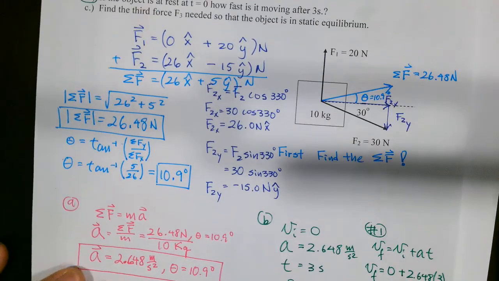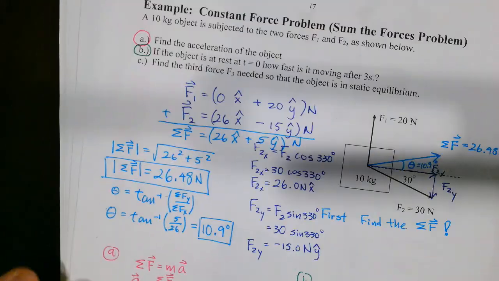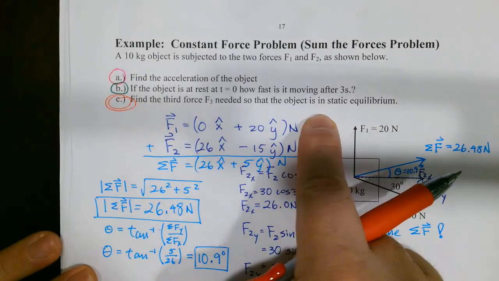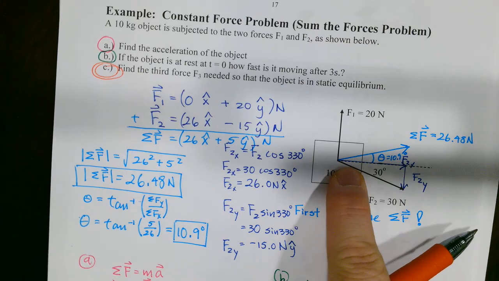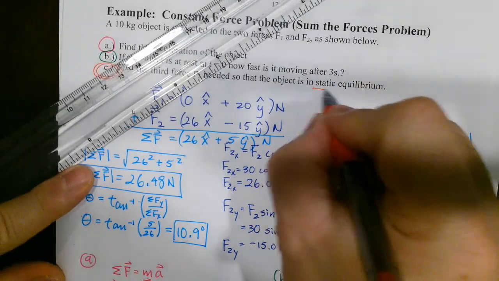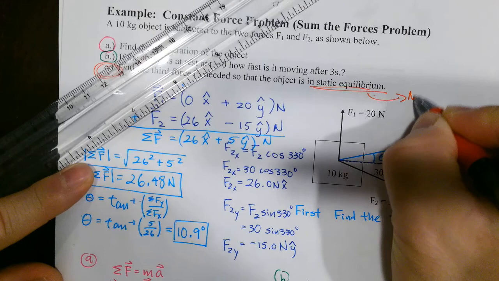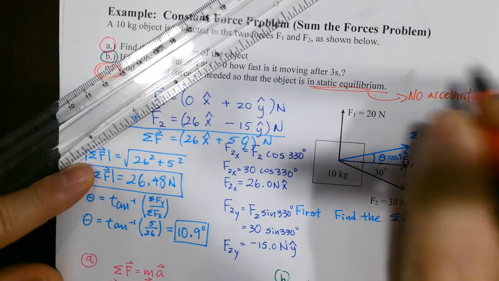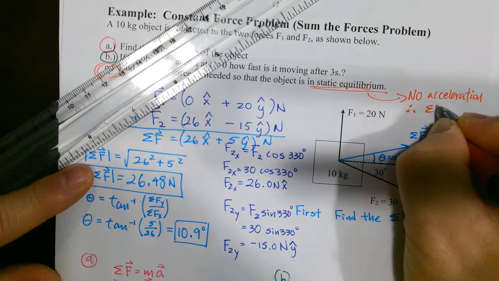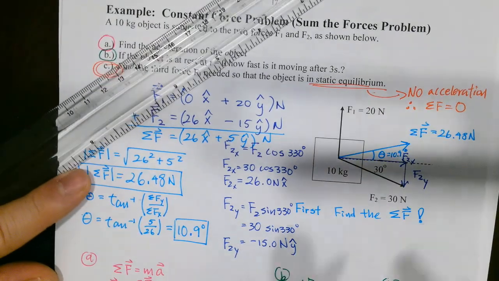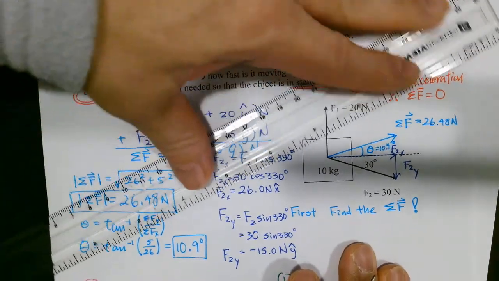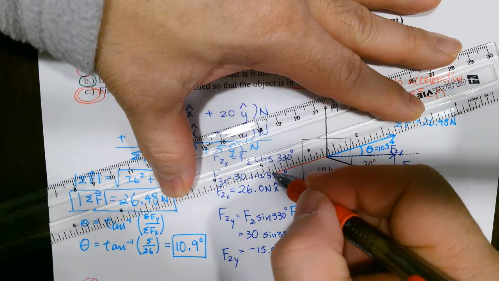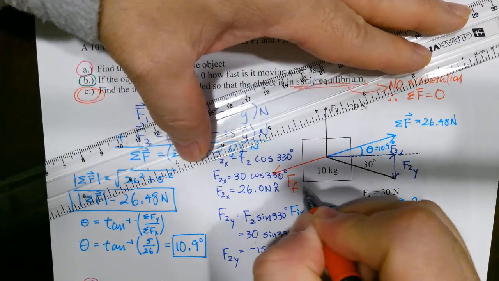Now for the third force, if I were to find a third force to make this object not accelerating and make it static equilibrium, meaning no acceleration, therefore the net force should be 0. All I have to do is add this exact amount of force in the opposite direction at my F3.